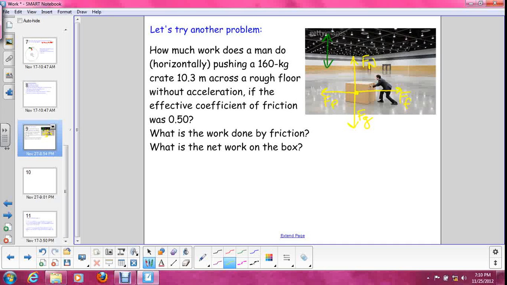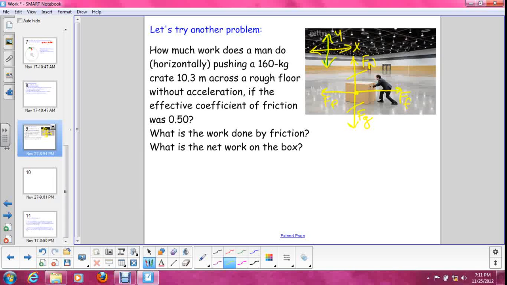This is y, and horizontal is x. The acceleration in the vertical axis, the y-axis, is 0. And because it's not accelerating, we know that these two forces must be equal to each other. The amount the floor pushes up on the box and the amount that gravity pulls down on the box are the same.